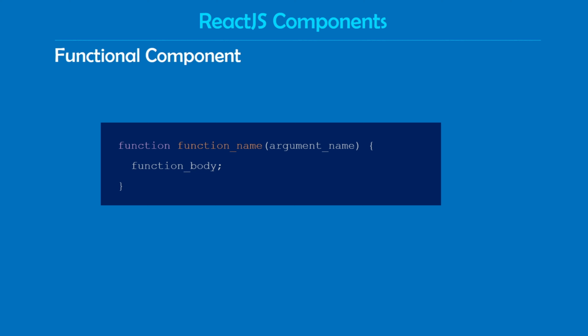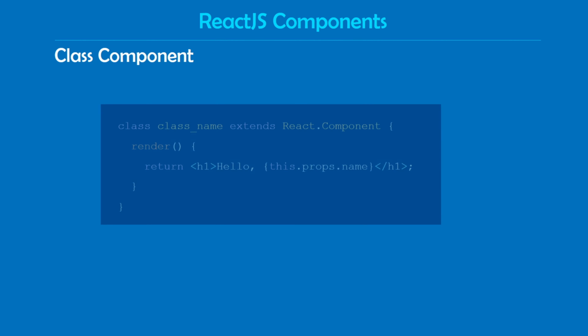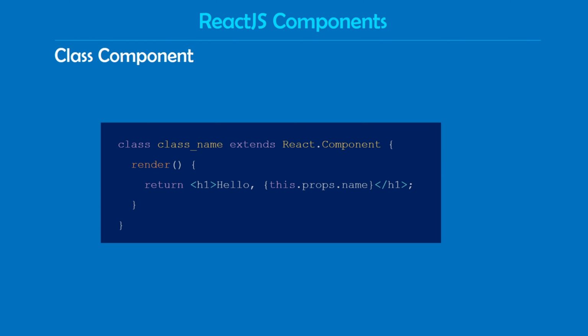Class components. Class components are more complex than functional components. They require you to extend from React component and create a render function which returns a React element. You can pass data from one class to other class components. You can create a class by defining a class that extends component and has a render function.